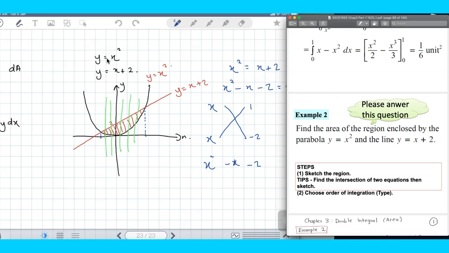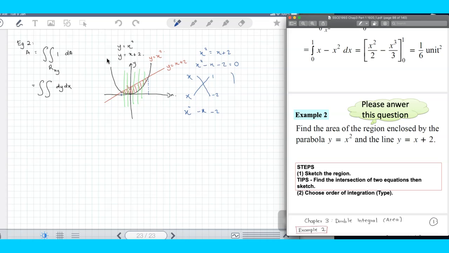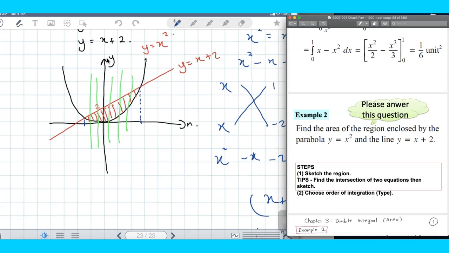Then I can rewrite the quadratic equation as x plus 1 times x minus 2 equal to 0. From here I have x equal to minus 1 and 2.